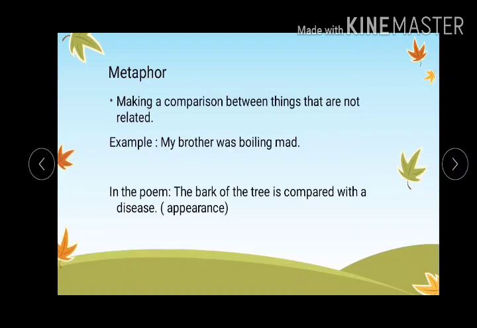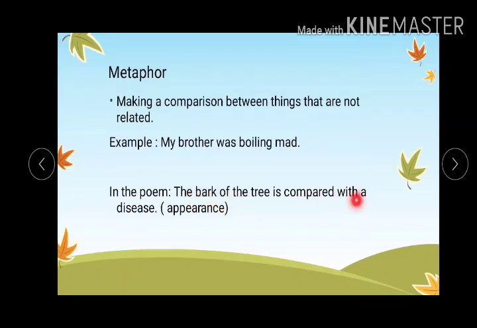So this line means that my brother was very angry. Okay, so the action of boiling and being very angry is being compared, and we know that boiling and being angry is not at all related in any way. So now let us look at an example from the poem On Killing a Tree of metaphor.